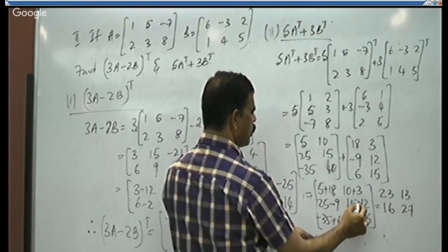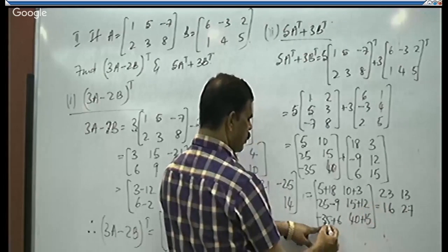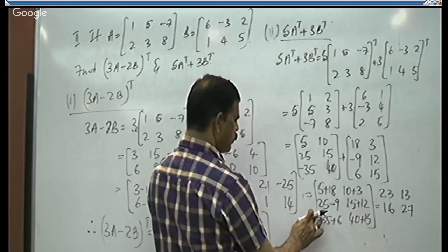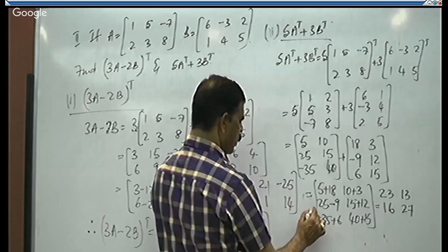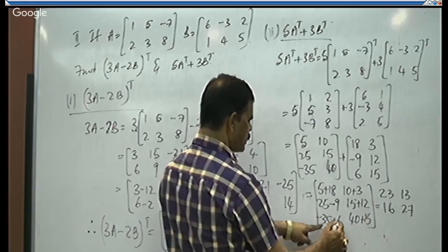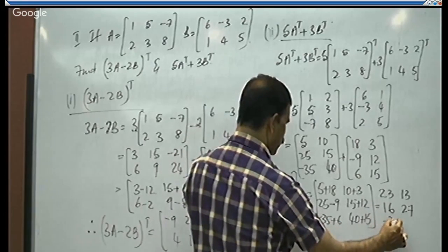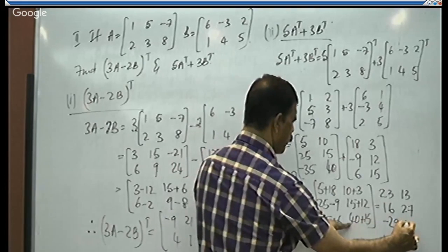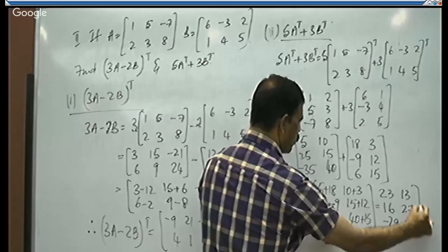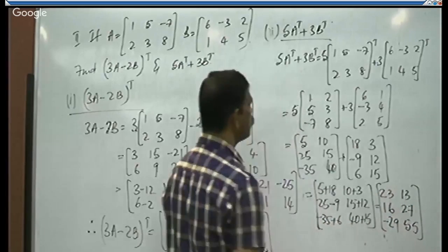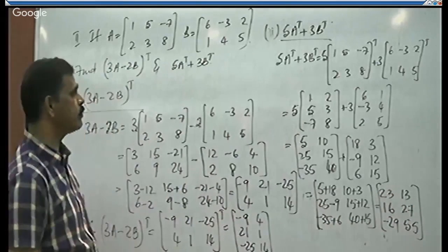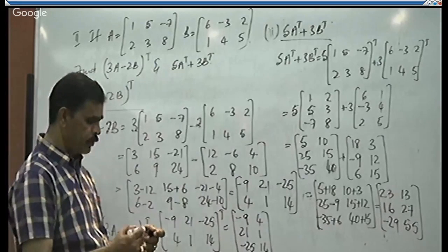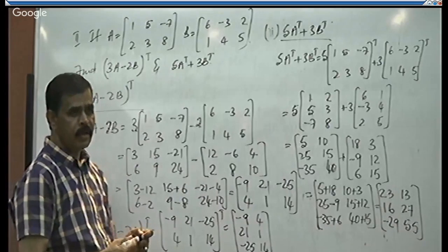Okay. Minus 35 plus 6, it is minus 29. 40 plus 15, it is 55. This is what 5A transpose plus 3B transpose.